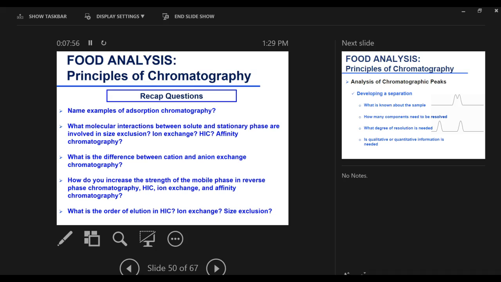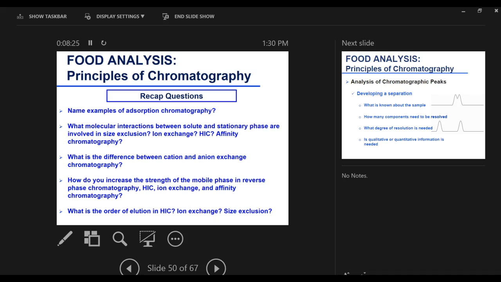How do you increase the strength of the mobile phase in reverse phase chromatography? It's one of the questions you had in the quiz. Decrease the polarity in reverse phase. Yes, correct. In reverse phase, your mobile phase starts as polar, and as you increase the strength, the polarity decreases, so you add organic solvent.